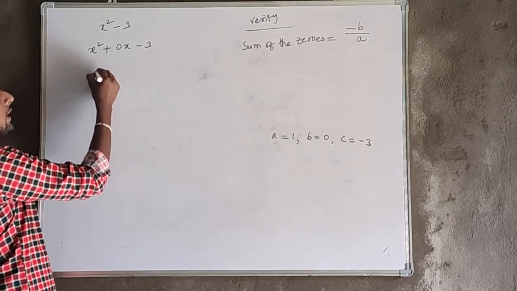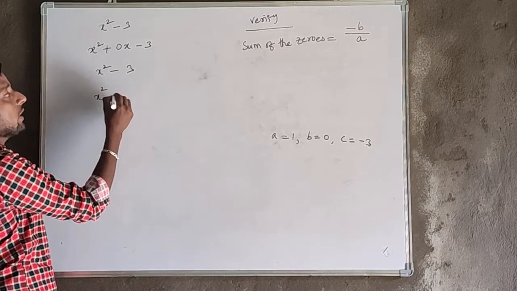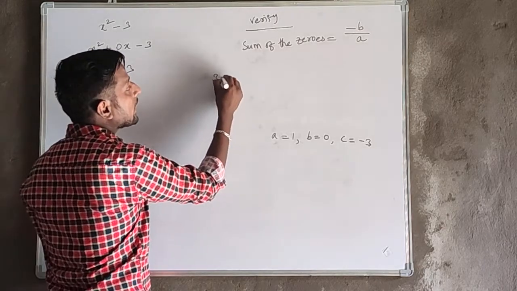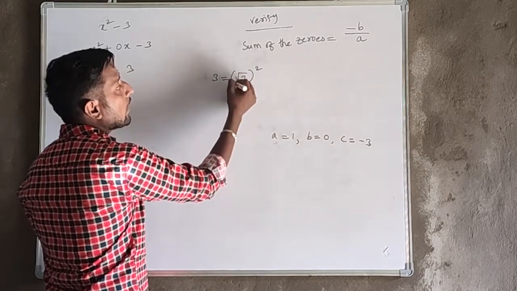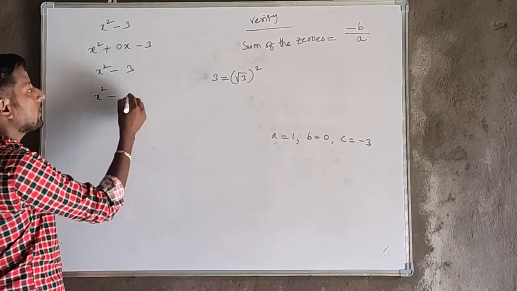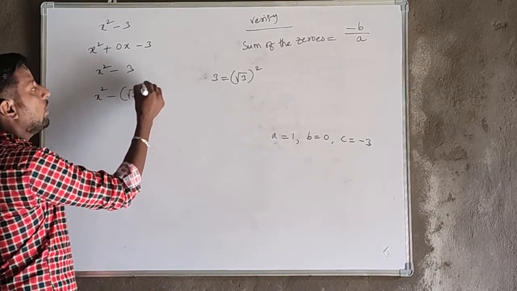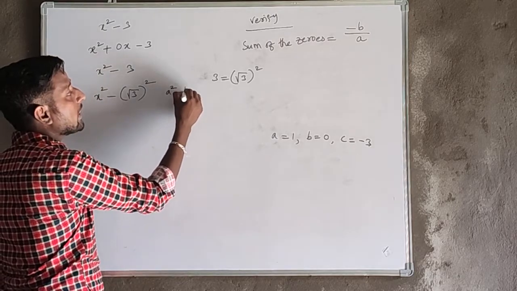Now x square minus 3. Next step, I can write x square minus 3 as root 3 whole square, because square root and square get cancelled. Again 3 as usual. So here I'll write root 3 whole square. Now it is in the form of a square minus b square.